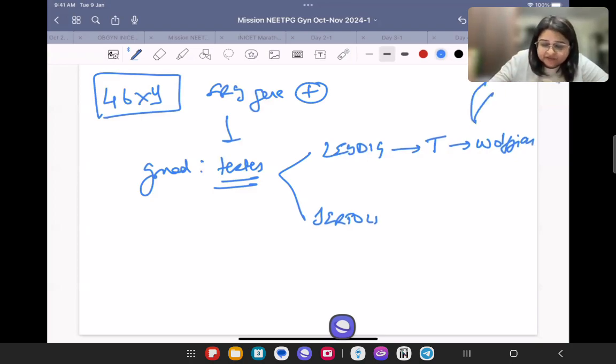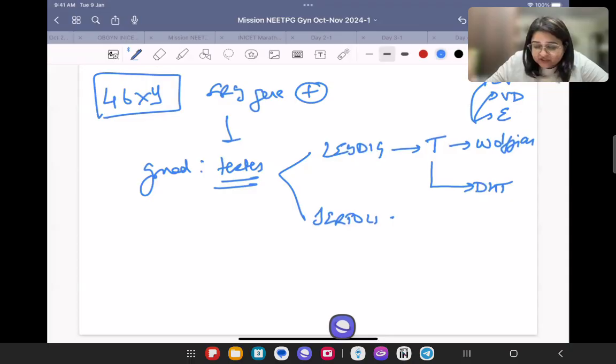What all was formed from the Wolffian duct? Remember, seminal vesicle, vas deferens and epididymis. So this is what the Wolffian duct is going to differentiate into under the influence of testosterone. One more thing, the testosterone also gets converted to another hormone called dihydrotestosterone.